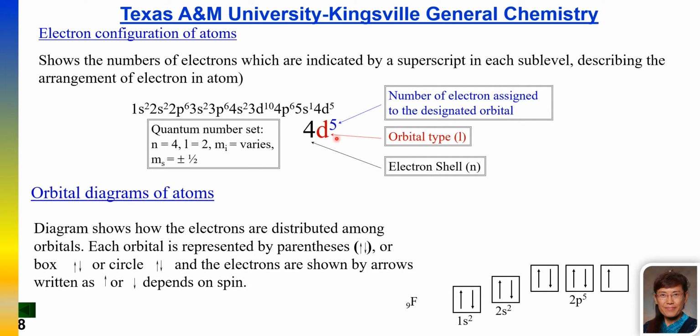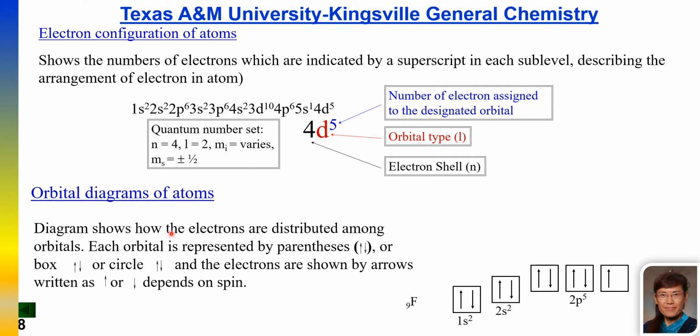This corresponds to the angular momentum quantum number. And then the number 4, the black colored 4, represents the electron shell. This is in the 4th period. So this shell relates to the principal quantum number n.